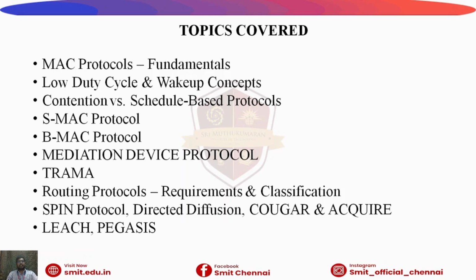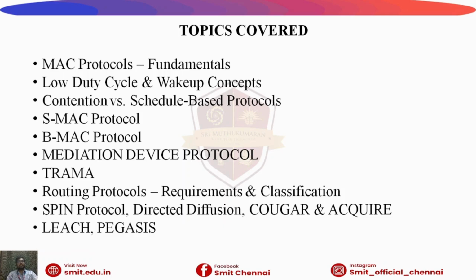We studied important routing protocols, including SPIN, which uses data negotiation to reduce redundancy, then directed diffusion, which is interest-driven and energy-aware, Cougar and ACQUIRE, which use query-based data collection, LEACH, a hierarchical clustering protocol that balances energy through cluster head rotation. Then we discussed PEGASIS, which improves LEACH by using chain-based data aggregation.